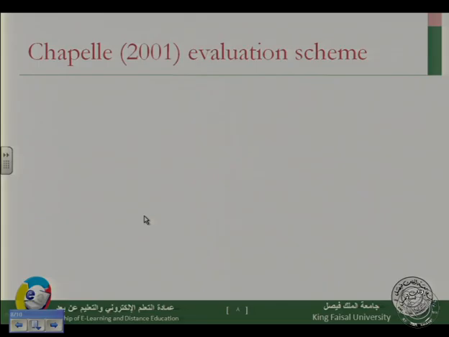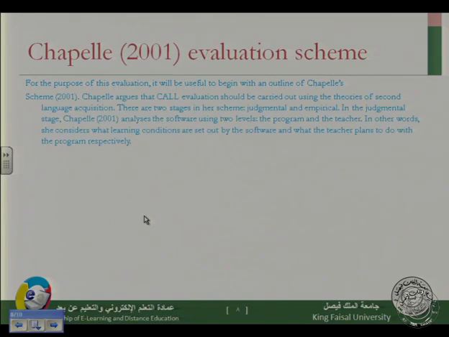So, Chapelle's 2001 evaluation scheme. It is useful to start with an introduction to Chapelle's scheme of 2000. Chapelle argues that CALL evaluation should be carried out using the theories of second language acquisition. So we should link this evaluation to second language acquisition. Why? Because we are using this software to enhance second language learning.